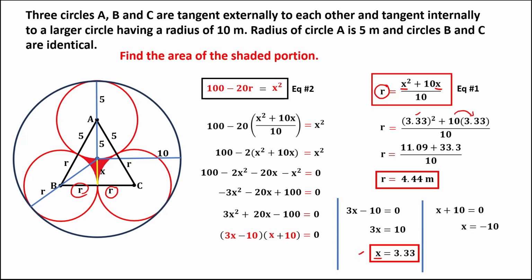So therefore the radius is equal to 4.44 meters. The radius for circle B is 4.44, and the radius for circle C is also 4.44 because circles B and C are identical.